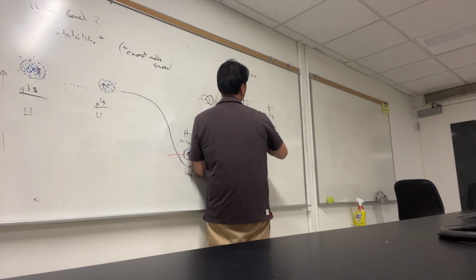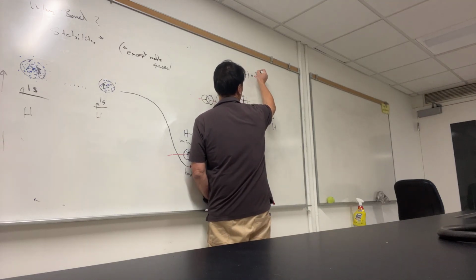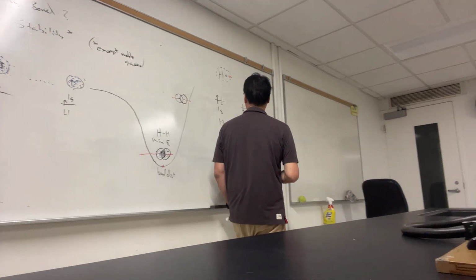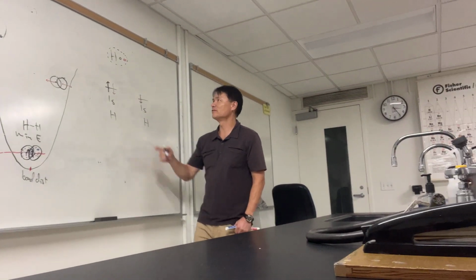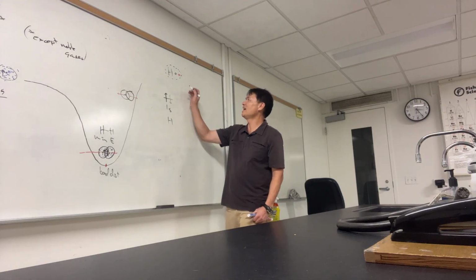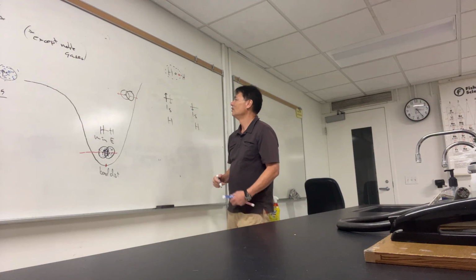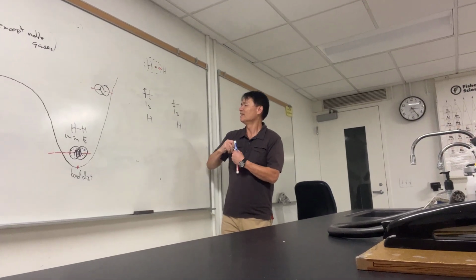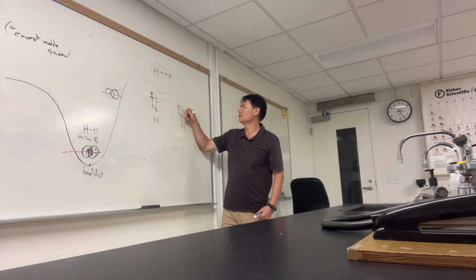So now the first shell on this hydrogen atom is filled. The first shell just consists of the 1s orbital. That's the first shell on the left-hand hydrogen. If we look on the right-hand hydrogen, what's happening here is this black electron here is going to be shared over here.